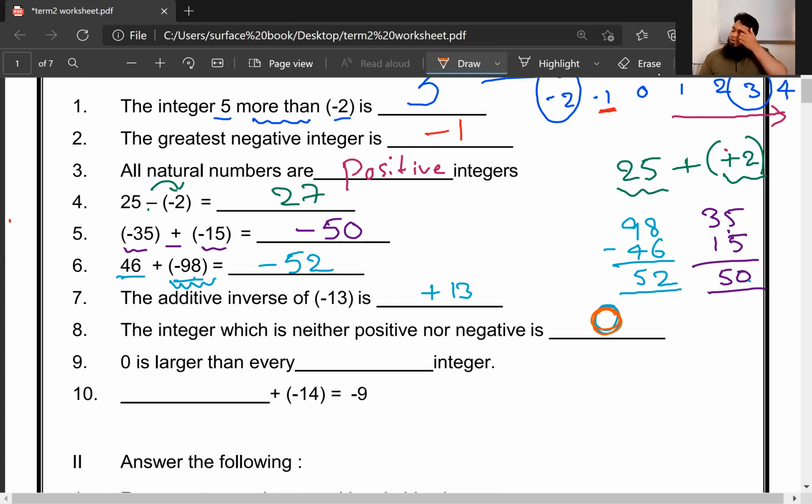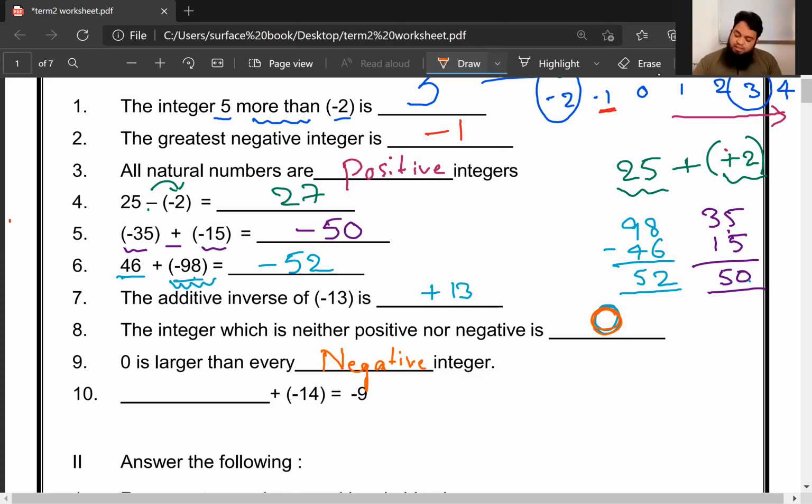What did I tell you? When you move to the left side of 0, the value decreases. So all values to the left side of 0 are less than the value of 0.